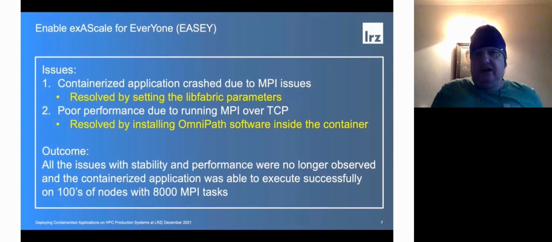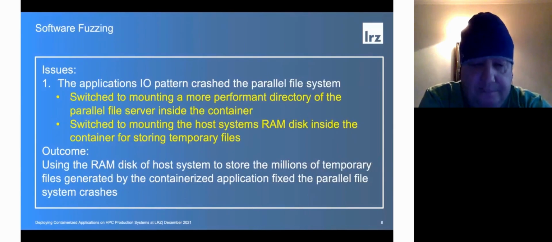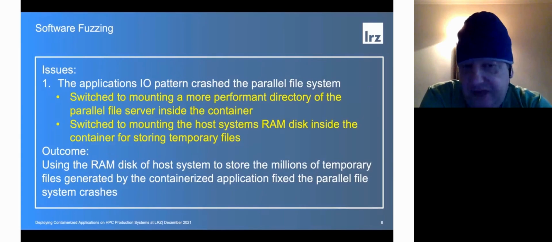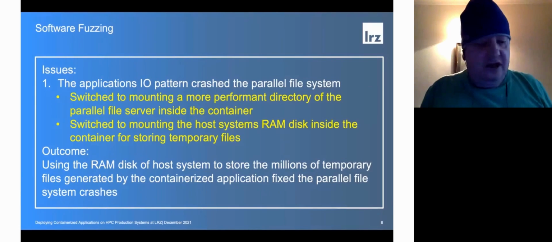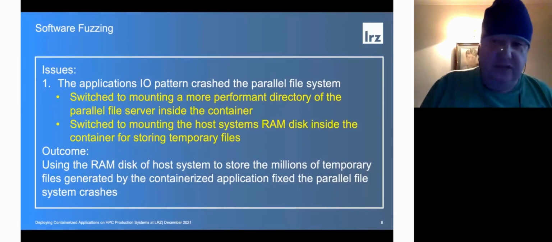So the second application was software fuzzing, which is slightly different than the previous example where we're looking at scaling on an HPC system using MPI. This certainly had a problem because they wanted to test software on the HPC systems, but only on a single node. But the problem was that the IO patterns crashed the parallel file system.